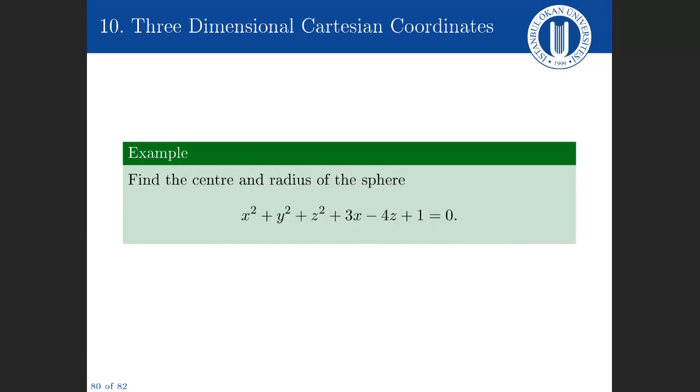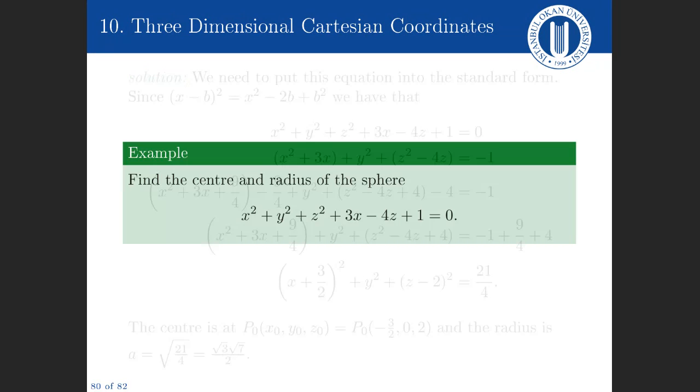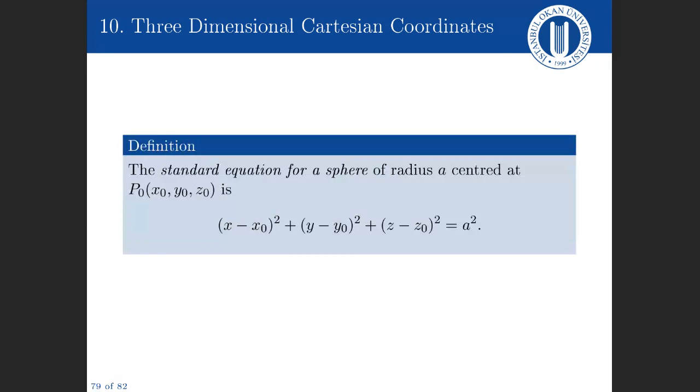For example, find the center and the radius of the sphere x squared plus y squared plus z squared plus 3x minus 4z plus 1 is equal to 0. The first thing we need to do is put our equation into the standard form.